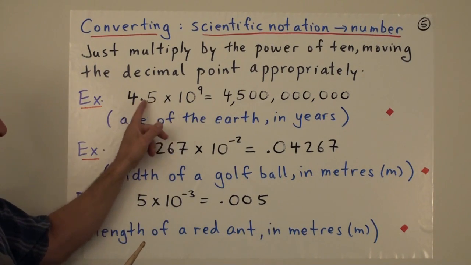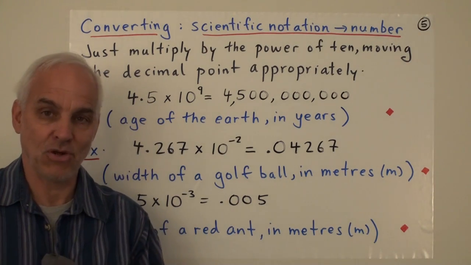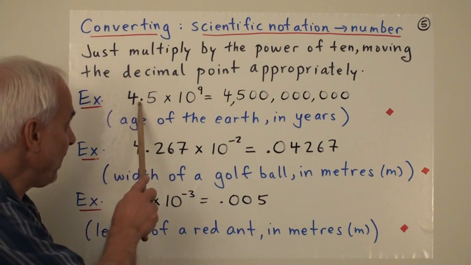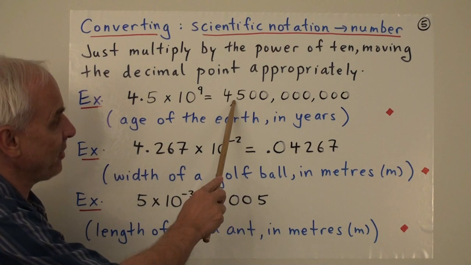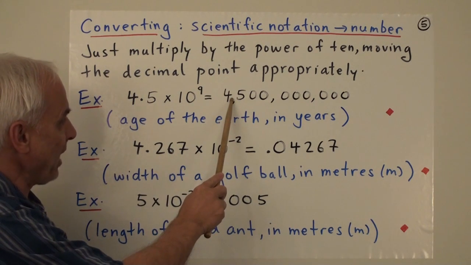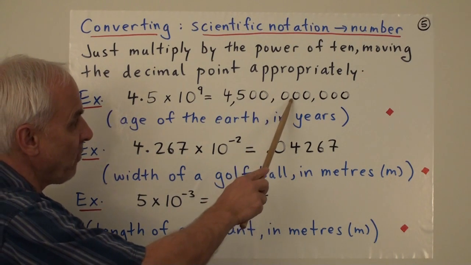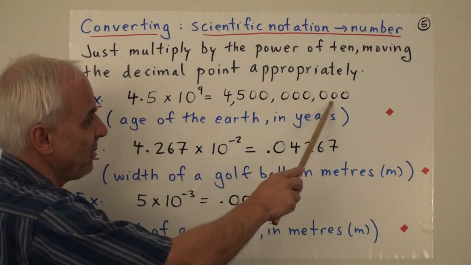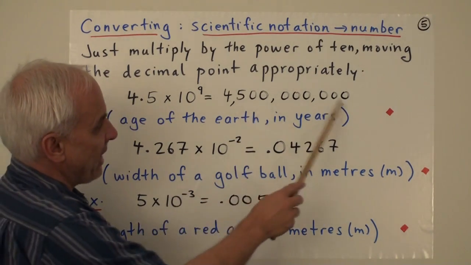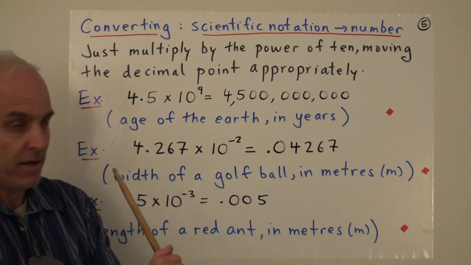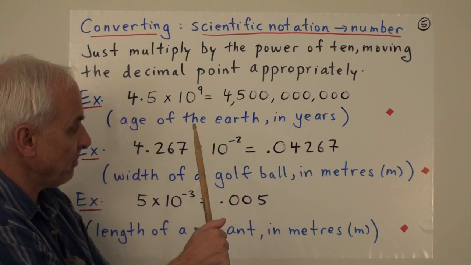4.500. Those zeros aren't doing anything. They're not placeholders or anything. But they're convenient for us to think in terms of giving us somewhere where the decimal can go. So if we move it over 9, starting here, and then we move our 1, 2, 3, 4, 5, 6, 7, 8, 9. Notice that we've ended up adding 8 zeros, not 9, because the decimal point has actually moved 9 places.